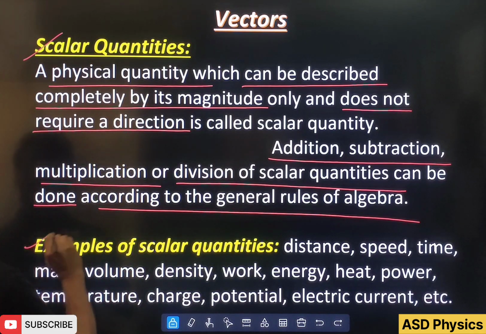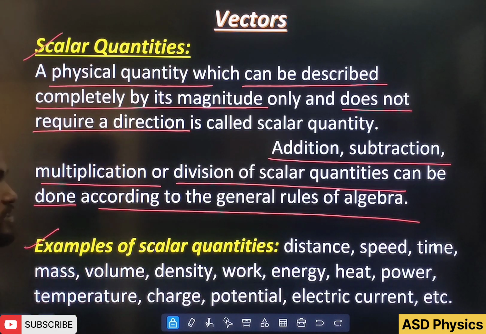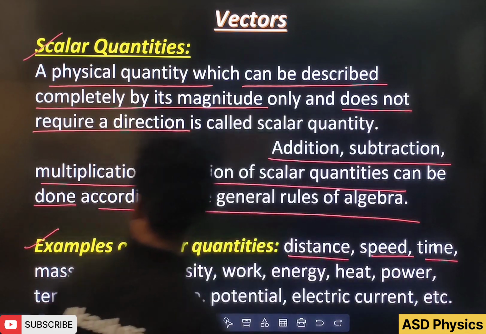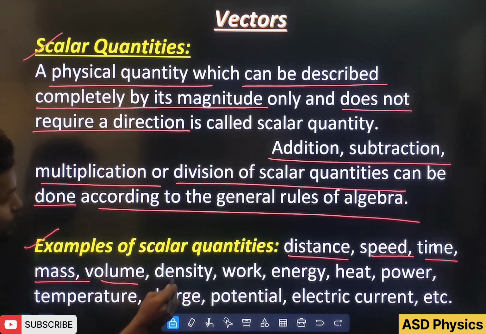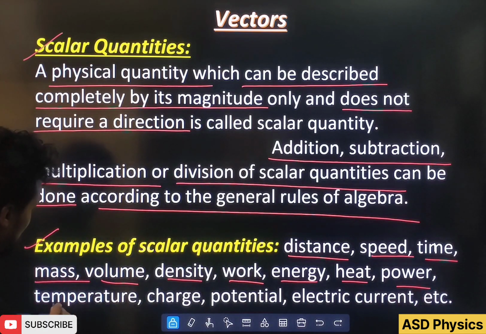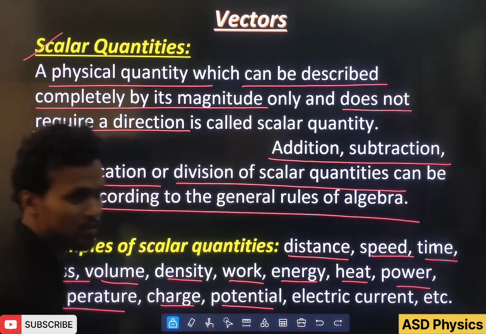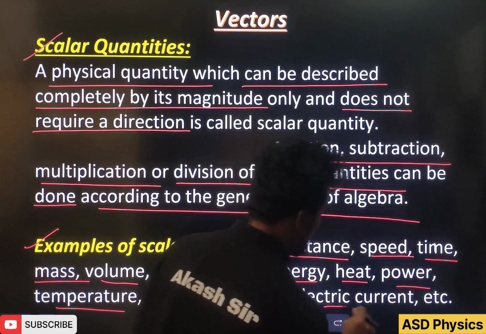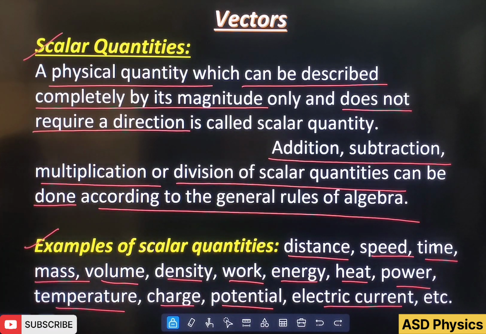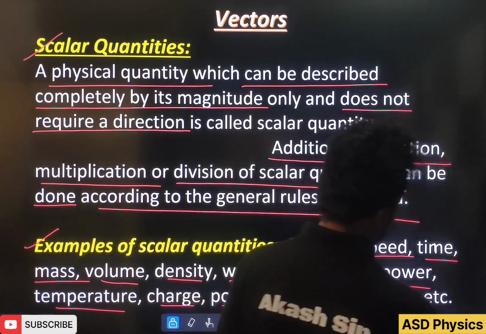Now, some examples of scalar quantities: distance, speed, time, mass, volume, density, work, energy, heat, power, temperature, charge, potential, whether gravitational potential, electric current, etc. Later we will discuss electric current in detail. Here only magnitude matters; there is no need of any direction in scalar quantities.